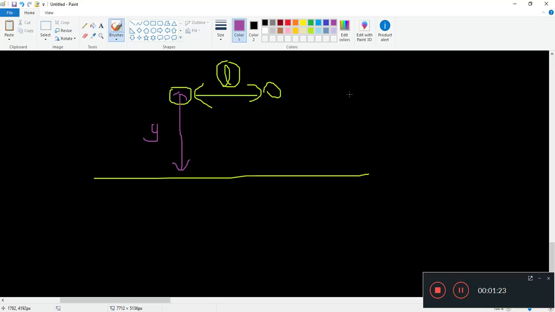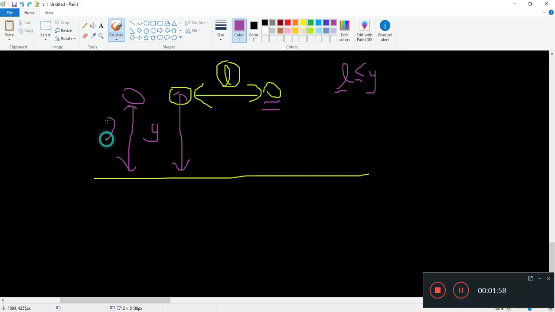Well, it's kind of easy and intuitive to think that L has to be less than or equal to y. Why is that so? Because if L is more than y, then let's say this ball is traveling towards the wall, if for whatever reason it manages to hold its integrity, it will still lose its integrity at the wall.